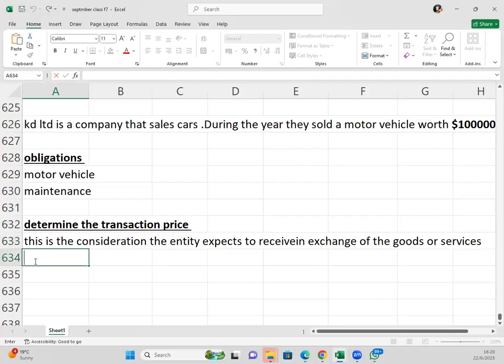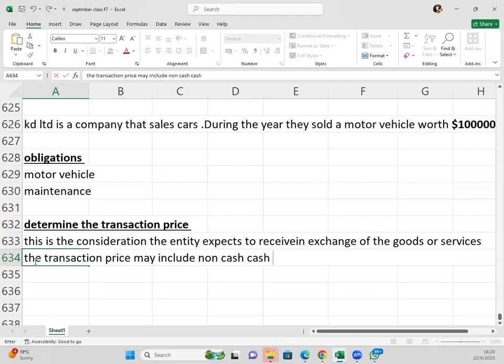So the transaction price may include non-cash considerations.